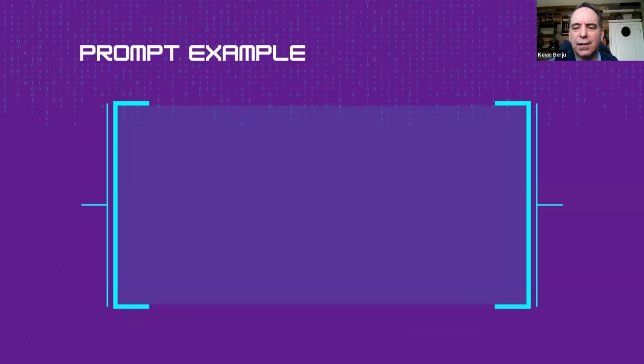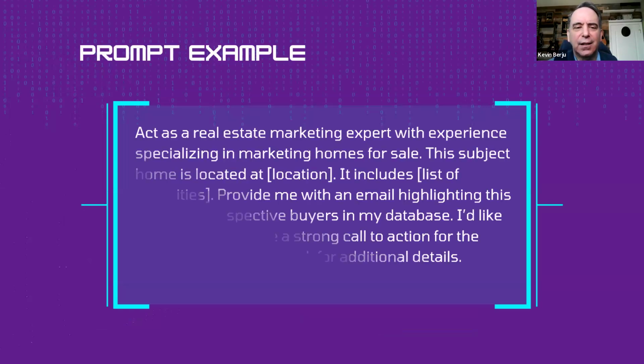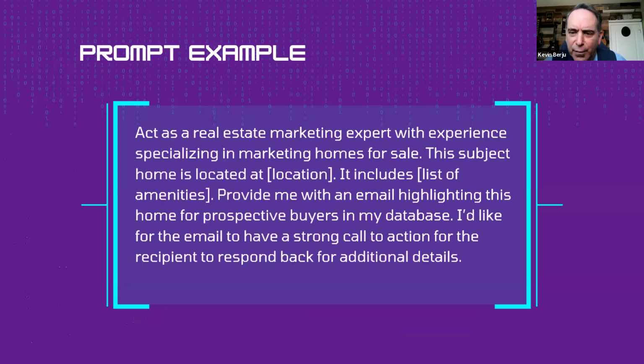All right. So example number 1. If you're looking, pardon me, for assistance with marketing a listing, the complete well-crafted prompt might end up looking something like this. Act as a real estate marketing expert with experience specializing in marketing homes for sale. The subject home is located at 123 Main Street. It includes a list of amenities. Provide me with an email.